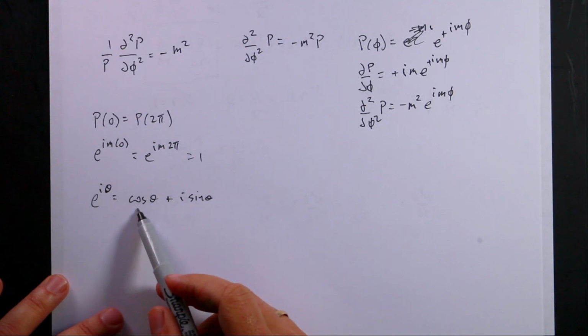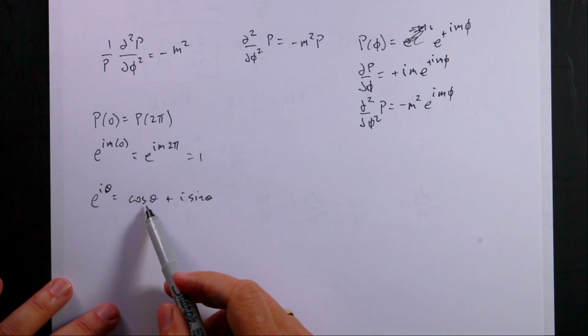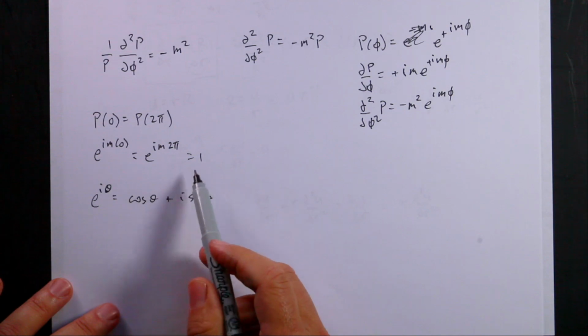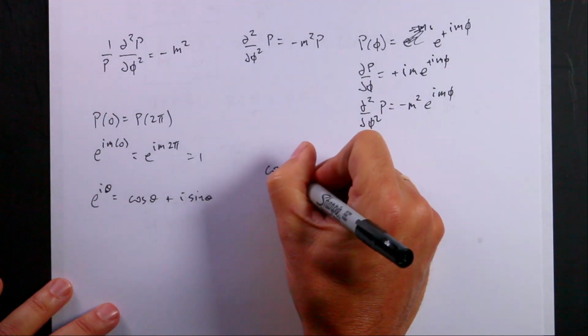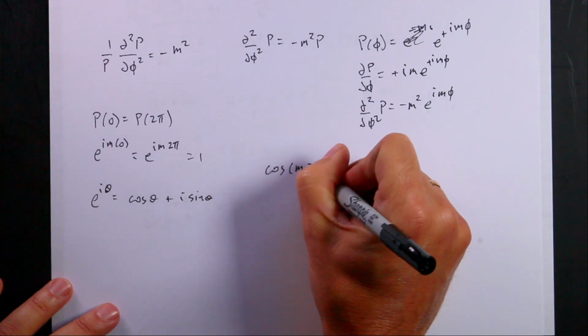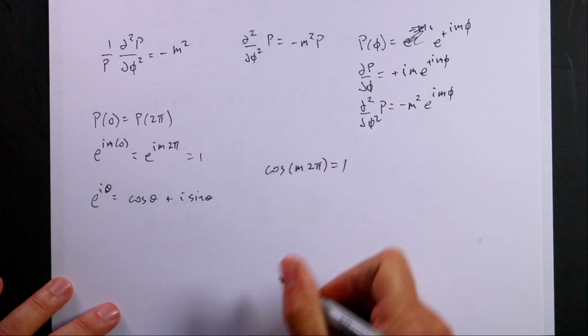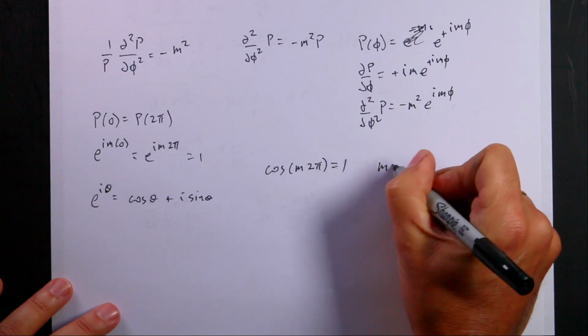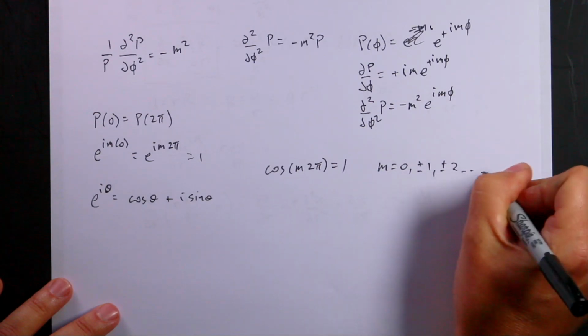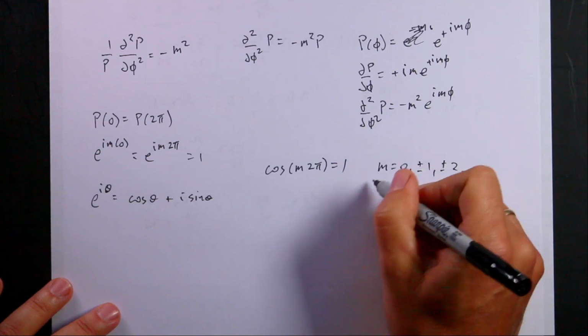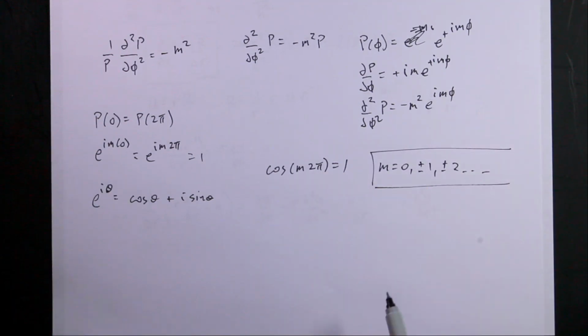So that means cosine phi has to equal 1. So cosine of m 2 pi is equal to 1. And that is only true if m is equal to 0, plus or minus 1, plus or minus 2, and so forth. So that puts limits on m. And those are my m quantum numbers.